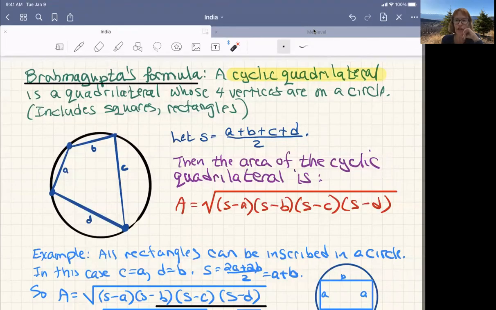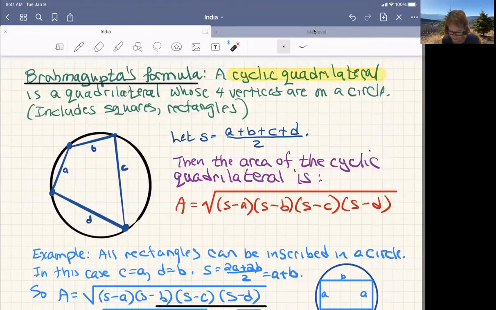Now, if your quadrilateral can be inscribed in a circle, then there's a formula for computing its area that Brahmagupta discovered. So first of all, let S be the semi-perimeter.